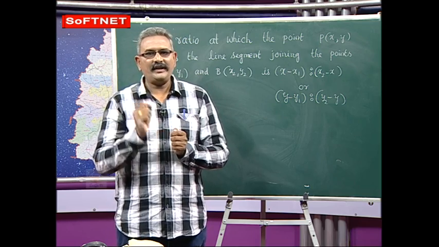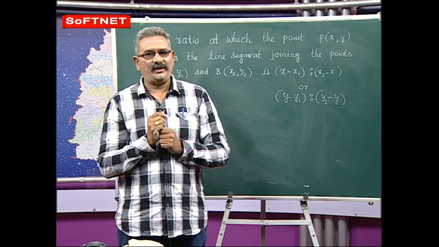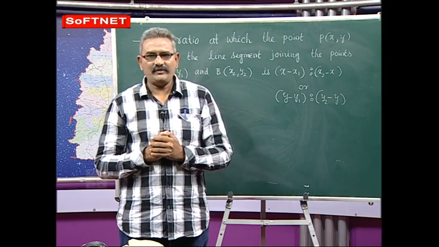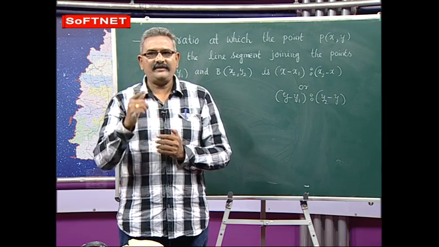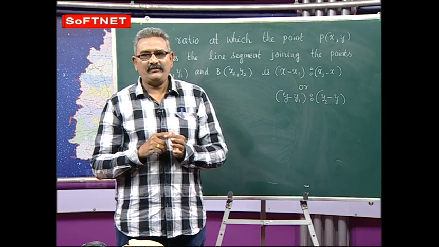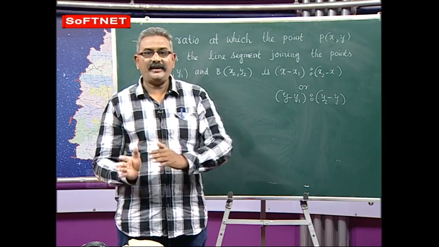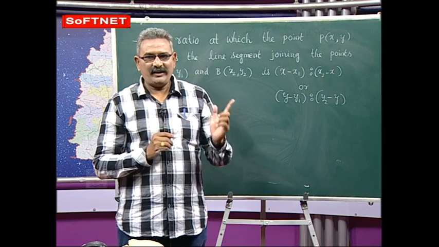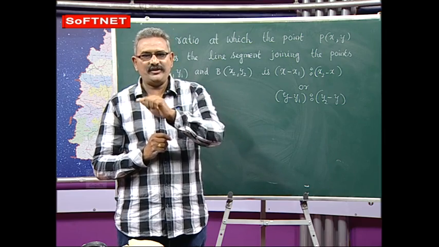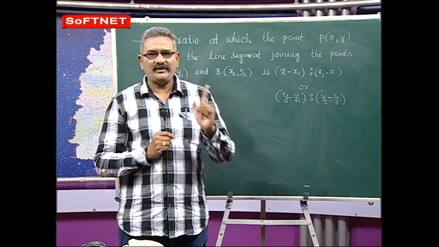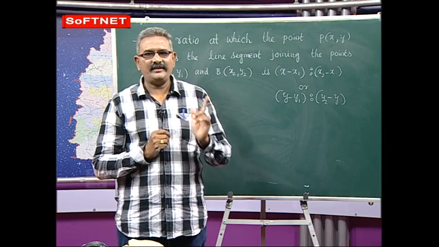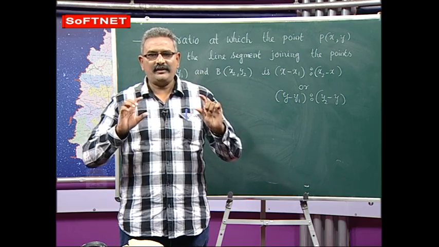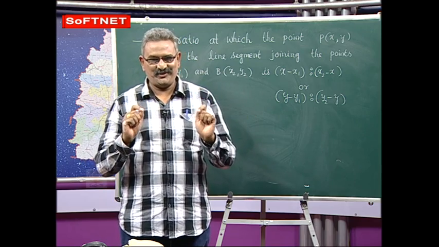That means the y coordinate is 0. So, (ky2 + y1)/(k + 1) is equated to 0. So, we get the k value that determines the required ratio. So, ky2 plus y1 becomes 0, ky2 is equal to minus y1, k is equal to minus y1 by y2, that is nothing but minus y1 is to y2.